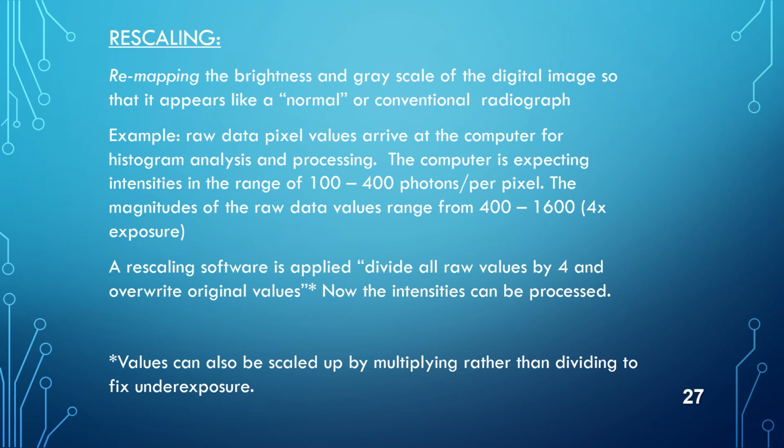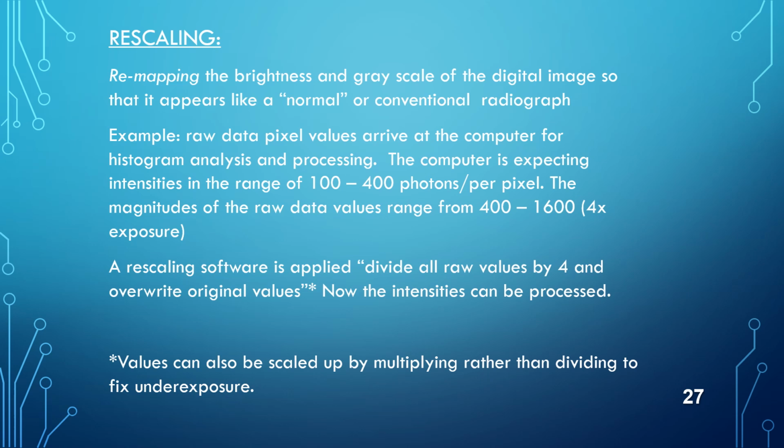But you send it intensities that range from 400 to 1600 photon strikes per pixel, which, if you can't do the math, is 4 times the exposure necessary. 4 times the intensities that the software was expecting. Should it paint all the pixels black?